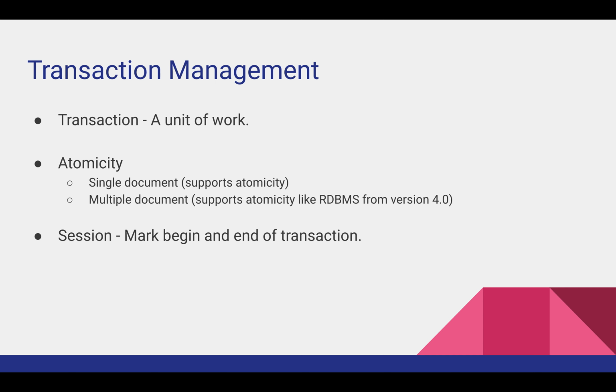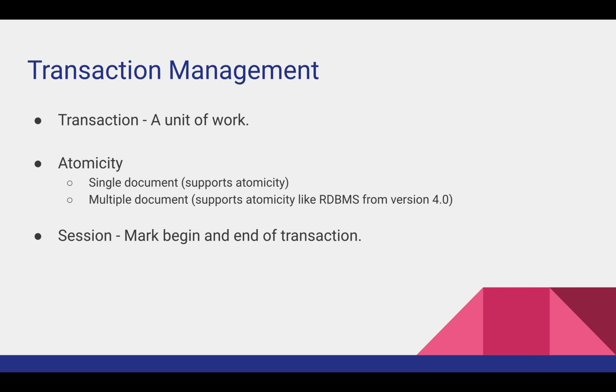However, starting with version 4.0, MongoDB started supporting atomicity for multi-document transactions as well. This is done on replica sets. Multiple document transactions are similar to RDBMS transactions in terms of the all or nothing rule. That means everything will be executed, or everything will be reverted back if there is an error.